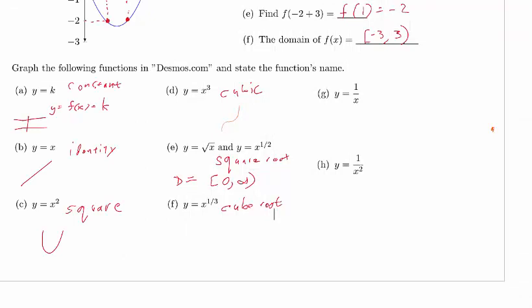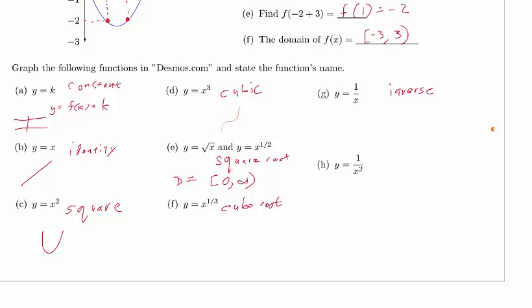All right, so y equals 1 over x. This is an inverse function. No matter what you plug in, the output will always be the multiplicative inverse of that. So if you plug in 2, the output is 1/2. Note 2 times 1/2 is 1, making it an inverse.